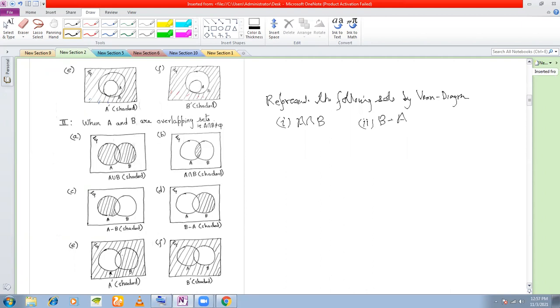See, have I mentioned to you here that A is a subset of B or B is a subset of A? No, sir. So if nothing is mentioned in the question, you will assume it to be overlapping sets.